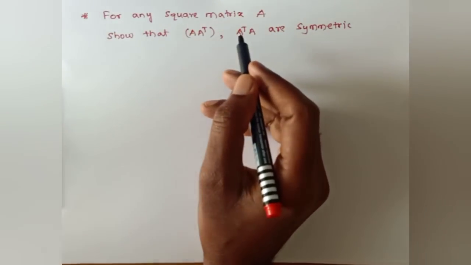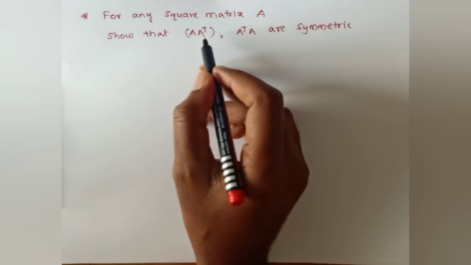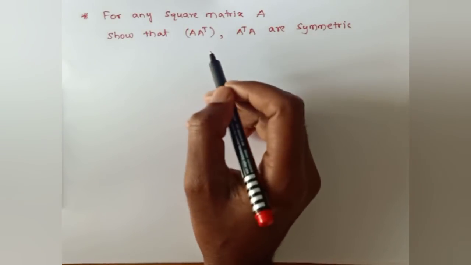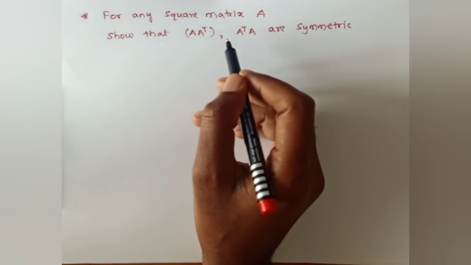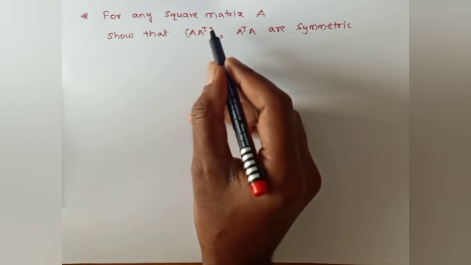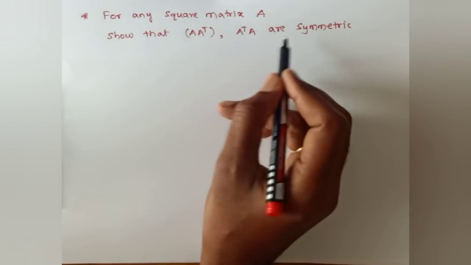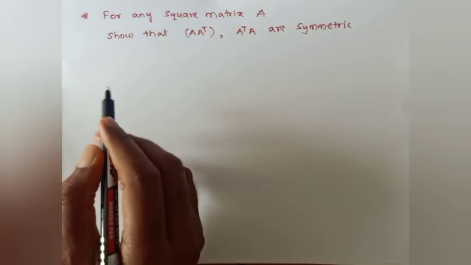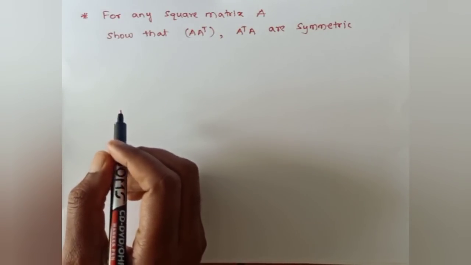So you have to show both are symmetric and prove it. You know the definition of symmetric matrix and the properties, so by using the definition and properties of transpose, you can show these two things are symmetric.